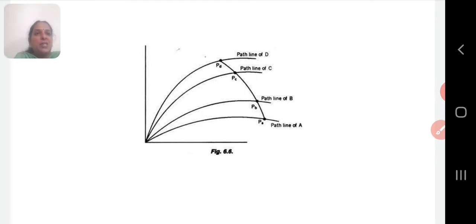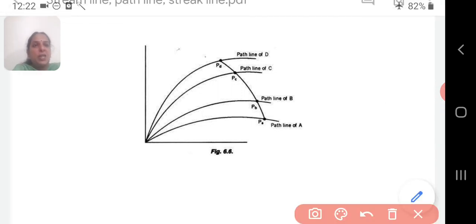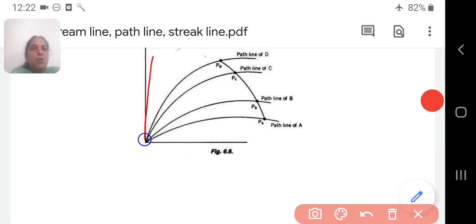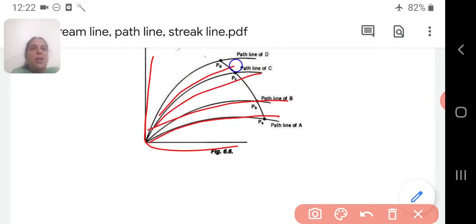What I said is that the particles originate from a single point and go on moving. This is known as your path line. But at a single point in the flow, if you are finding out these properties, that is said to be your streak line.